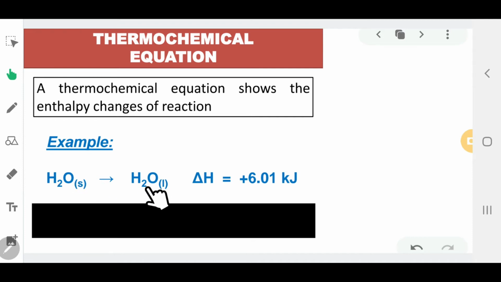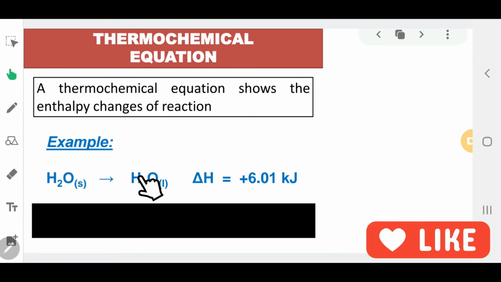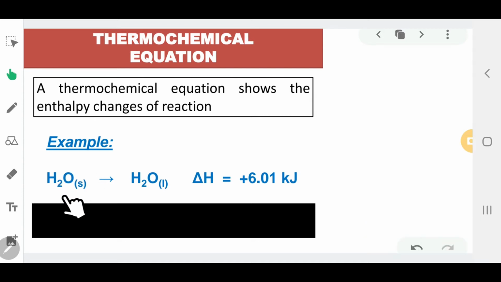This is a process of solid water changing into liquid water. You are absorbing heat because you want to melt the solid water. That's why the change in enthalpy is endothermic, with a positive sign in front.